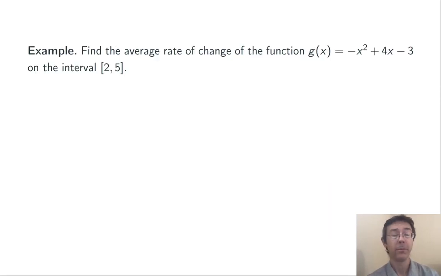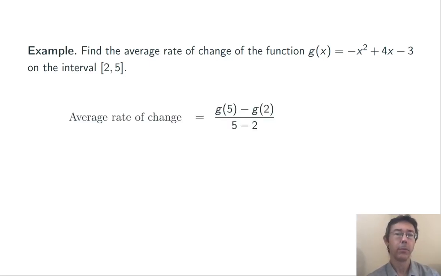Let's do another example. Find the average rate of change of this function, g of x equals x squared plus 4x minus 3, on the interval 2, 5. We use the same formula, g of b minus g of a over b minus a, the change in the y values divided by the change in the x values.